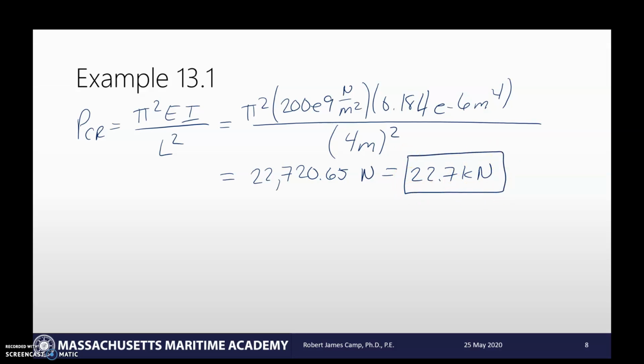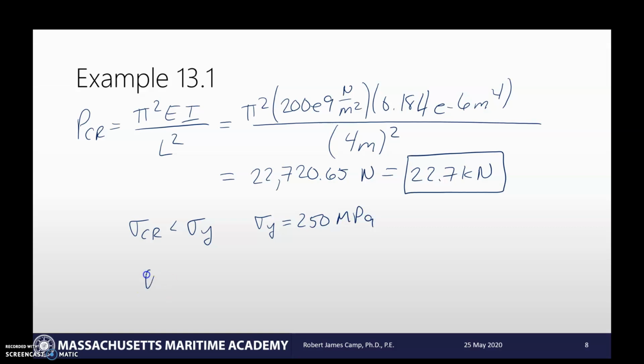The reason I say it's possible is that the Euler formula is only valid for one situation, when our critical stress is less than our yield. So if I look up the yield strength of A36 steel in my engineering manual, it's 250 megapascals.